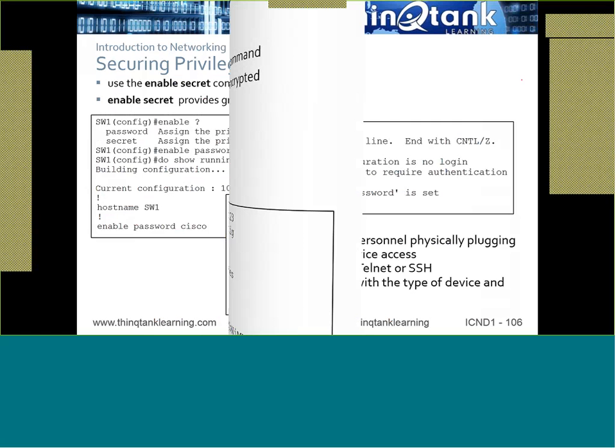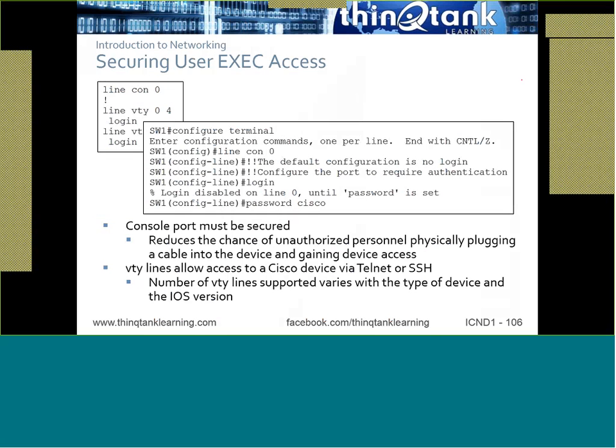All right. Now, what if I want to secure access to my console port or my VTY lines? Then I'm going to go into those lines and set up a password. All right, look at the syntax. I'll have you guys do this here in a second. Configure terminal, that takes me to what? Global configuration mode.